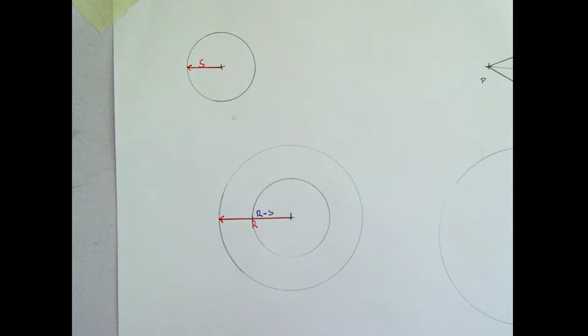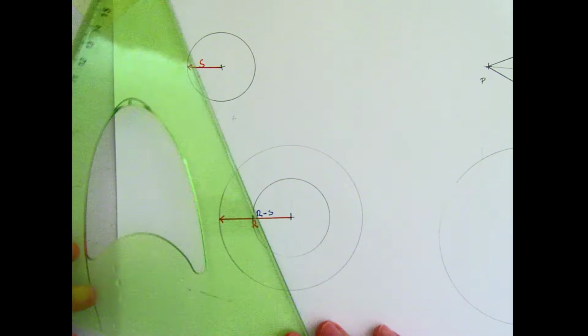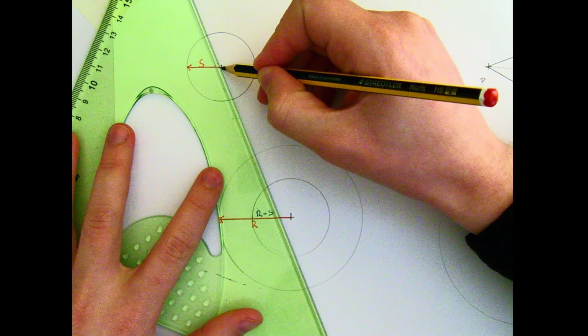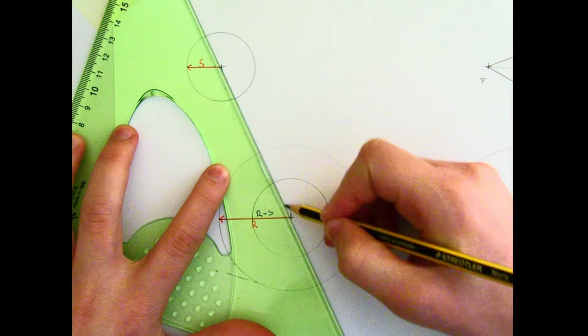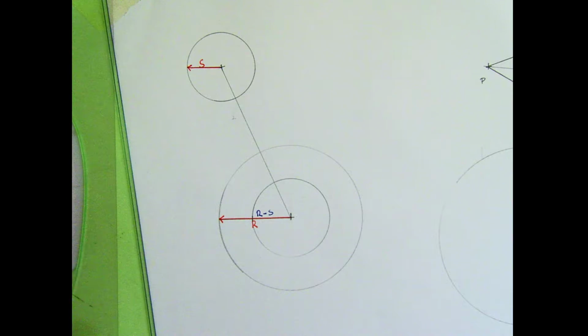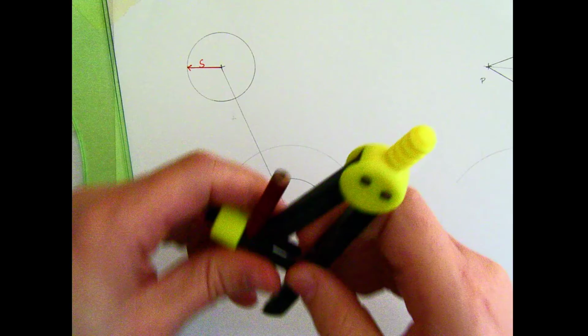Now I have a point and a circle, which means I can solve this question using the information that I have from drawing a tangent between a point and a circle. So I'm going to do what I normally do. I join the point to the center of the circle, and I need to bisect that line.